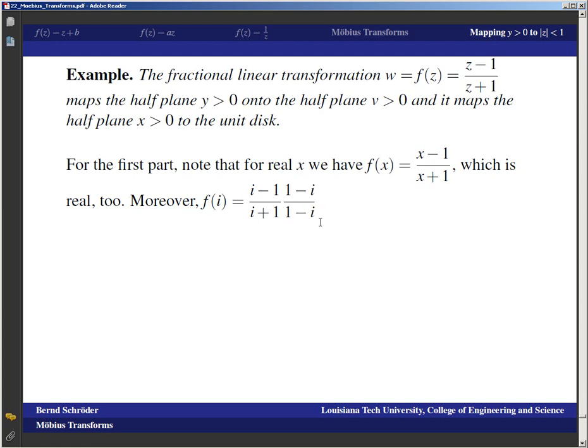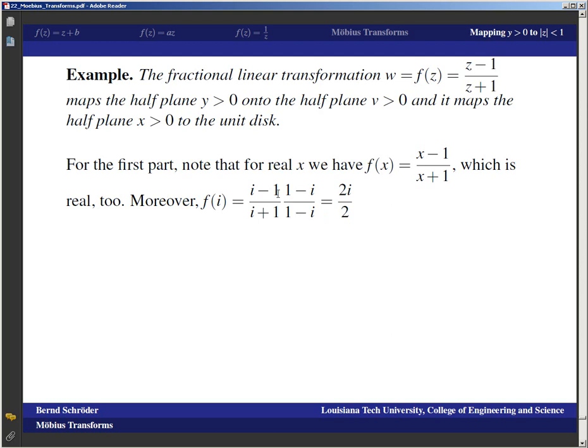If we expand with (1 - i)/(1 - i), well, let's just multiply that out. The modulus of the denominator here is just the number times its conjugate, so we just get the square of the modulus, and that's 2, that's correct.